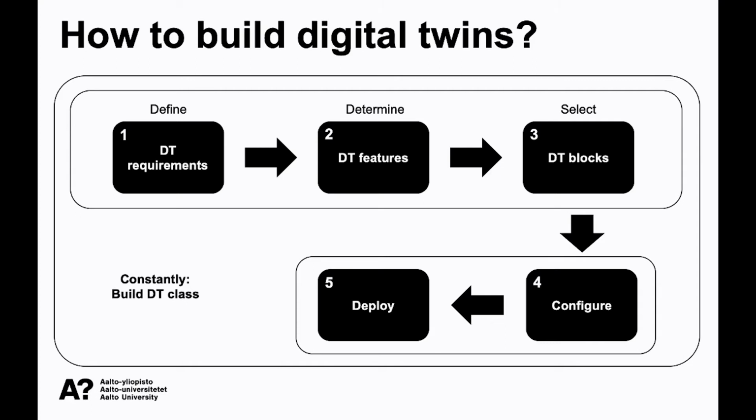And then constantly, when you're doing this, build a digital twin class so that you can easily do the same steps again. Kind of a click of a button, you have a new digital twin. Probably you need to configure, but basically the first three are very difficult to automate, but steps 4 and 5 you can automate quite easily.